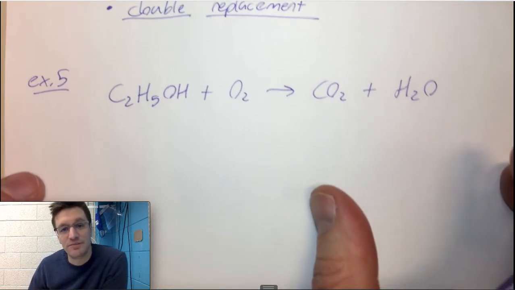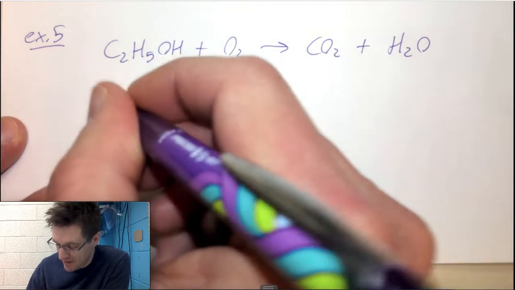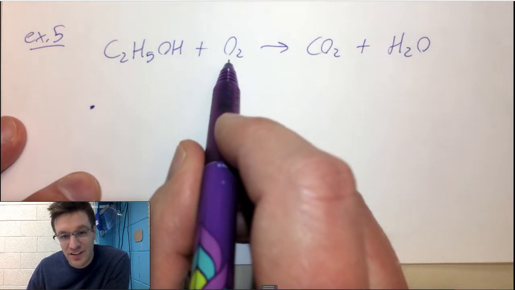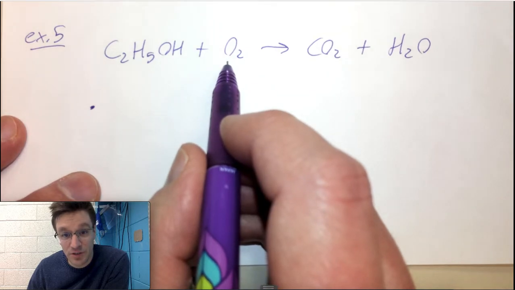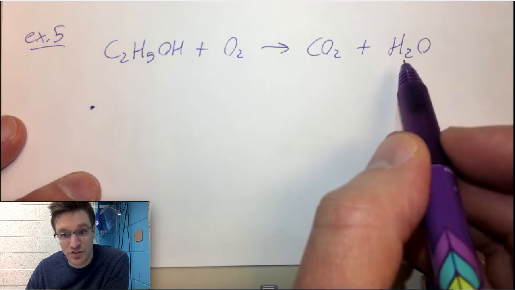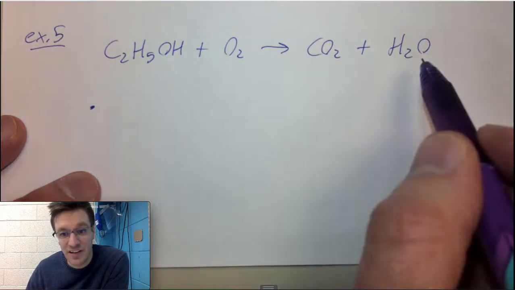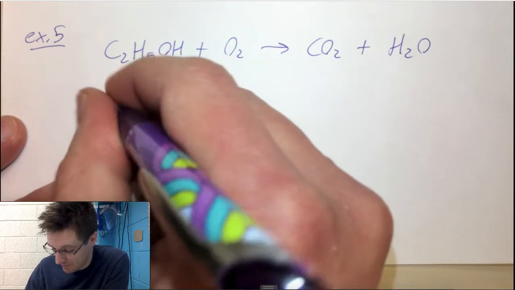Combustion is special, okay? What we look for in combustion is oxygen, because every fire needs oxygen to burn, and every fire makes CO2 plus H2O. So this last chunk right here is the same in every combustion reaction, okay?